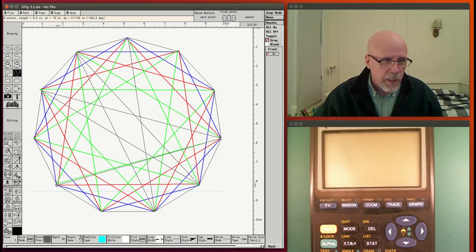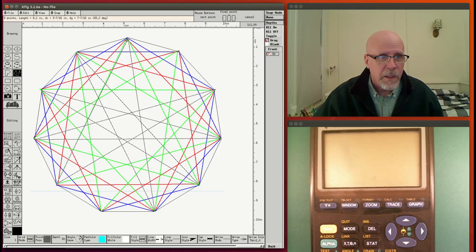Where's that green? +1 to here. Oh man, when am I going to be done? Well, I'm going to have to hit every point, so it's actually going to take me 11 steps. I know that in advance, don't I? Oh, I thought I was closing up, but not yet. Here it is.